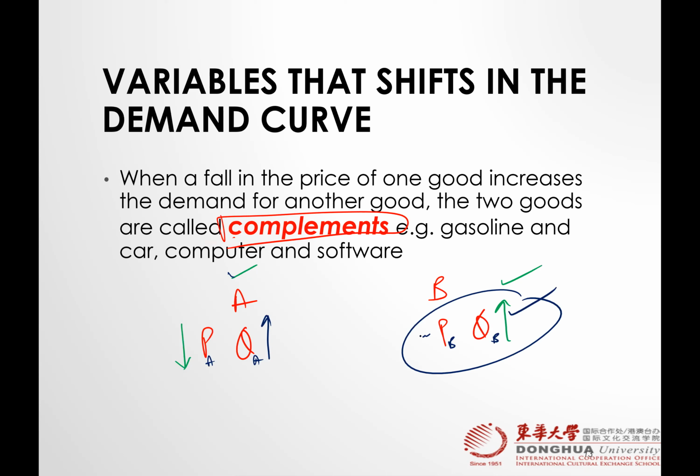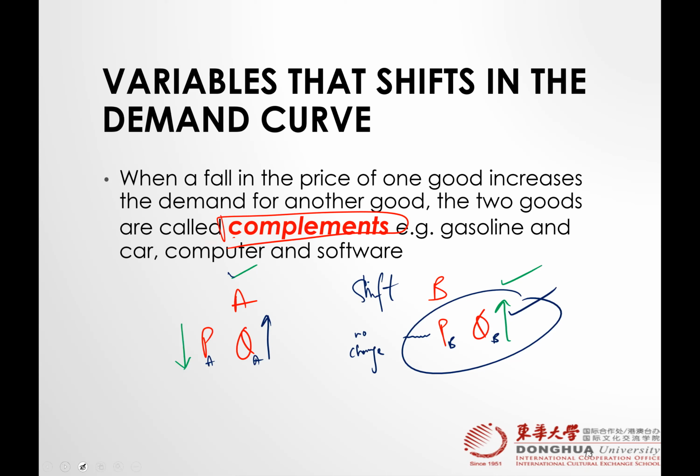So you see the price of product B has no change, right? So it causes a shift in the demand curve of product B.